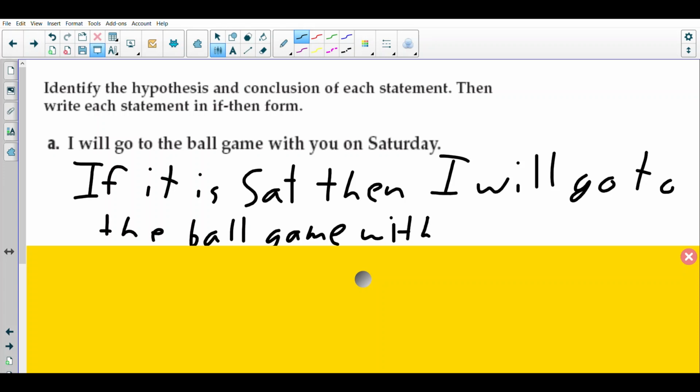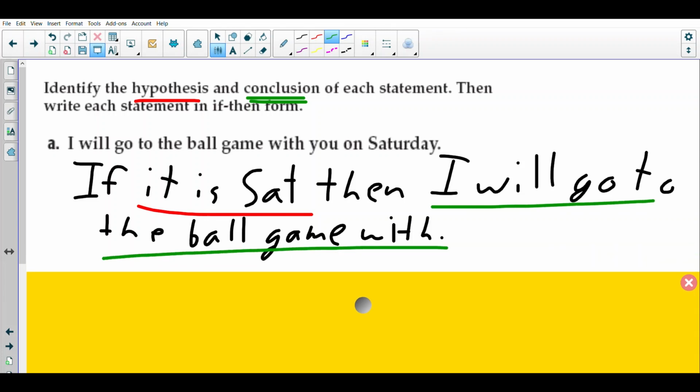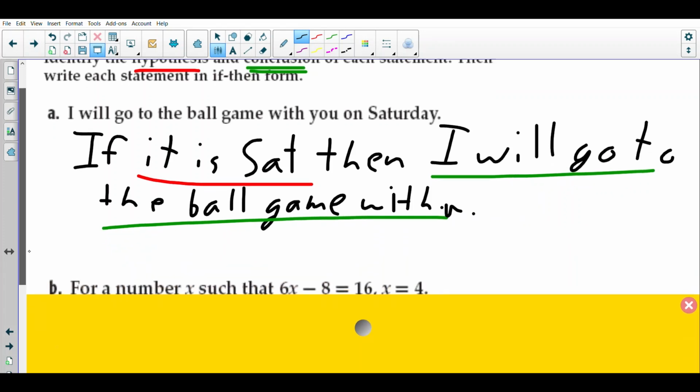That makes a little more sense. Now we can identify the hypothesis: if it is Saturday. Our conclusion would be, I will go to the ball game with you. Oh, I forgot the part, with you. There we go. It's easier to set it up first.